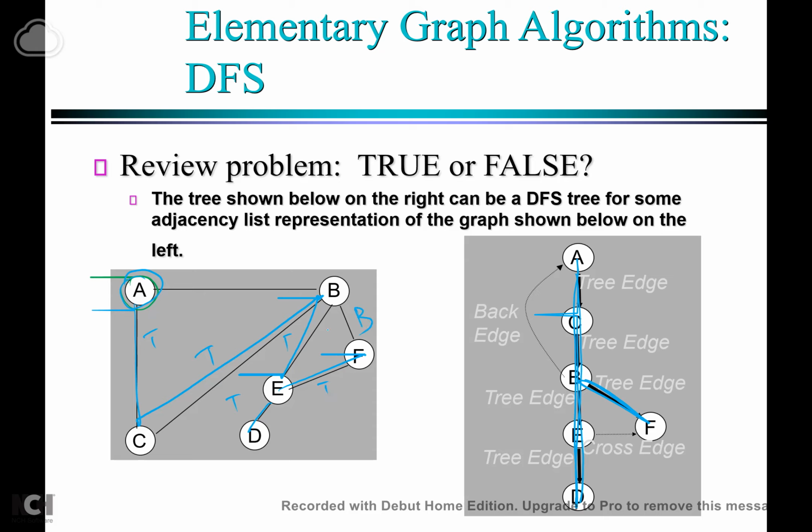This should be back edge, right? And then in that case, you finish F. You go back to here, finish E, and then you go back here, finish B, and from B you check A.